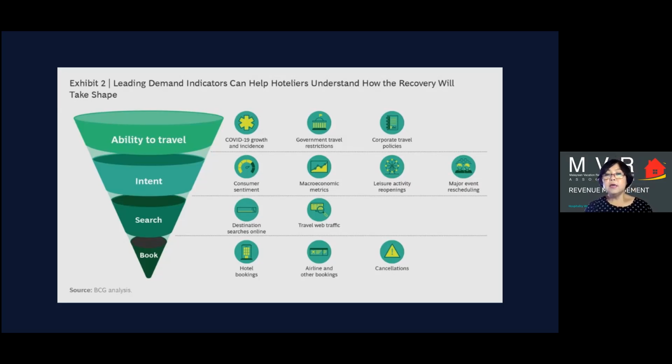Okay, and while they are searching, they have a consumer sentiment. They will look at what they are looking for in terms of rate sensitivity, location of the hotel, and they will search in the reviews. So they will look for new hotels opening, or whether there is a major event happening in the area.